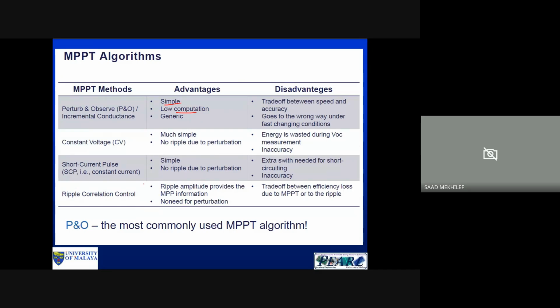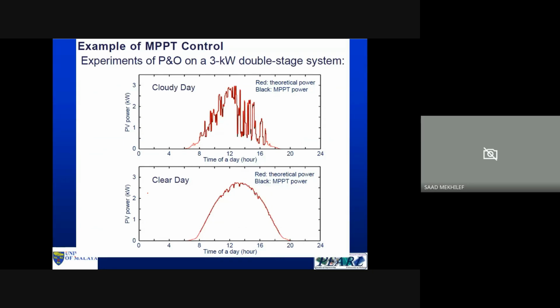The good thing about these methods is to see how each performs during a cloudy day or a clear day, because that's the use. If you have a clear day, maybe you may not need it, but if you have a cloudy day, or the cloud is moving, you may need it.